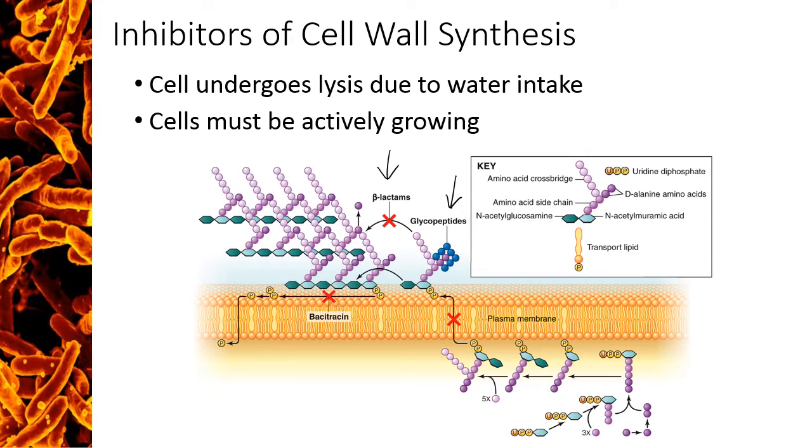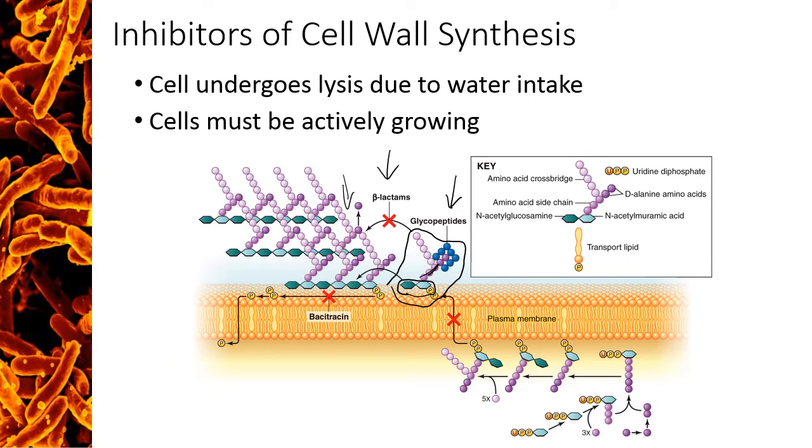You'll notice that both these classes of antibiotics are preventing this step here, where we have a molecule, a building block of peptidoglycan. So we've got our NAM and our NAG sugars, and then we have our pentapeptide that's supposed to get cross-linked to the rest of the peptidoglycan layer.